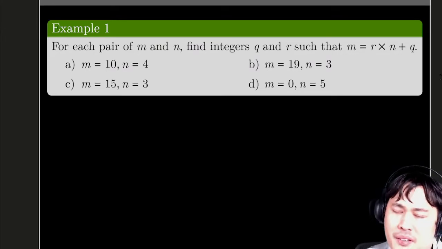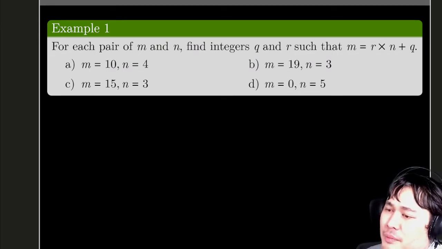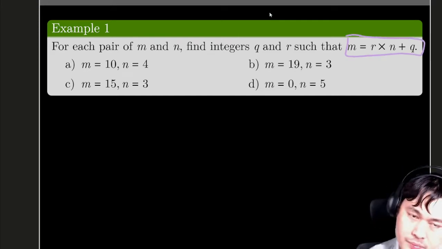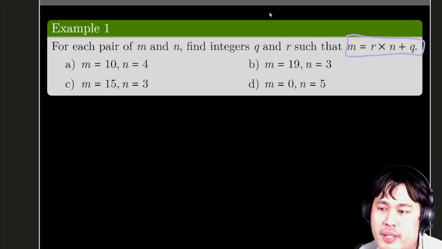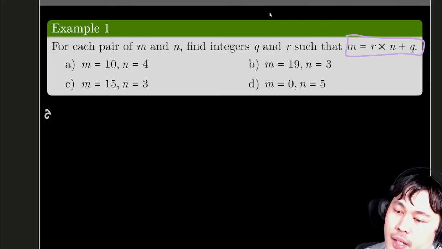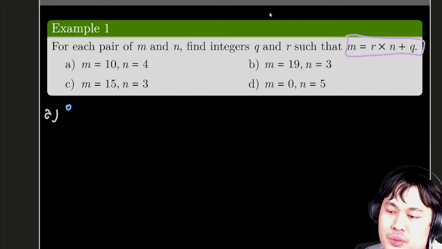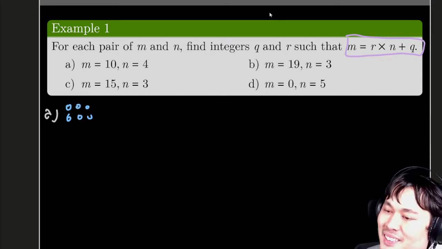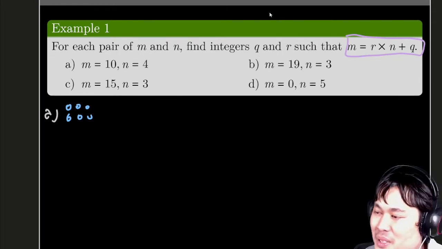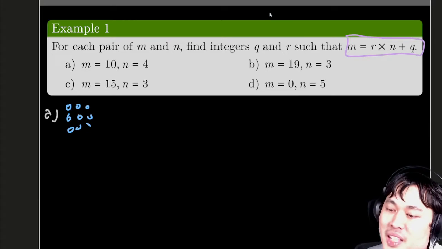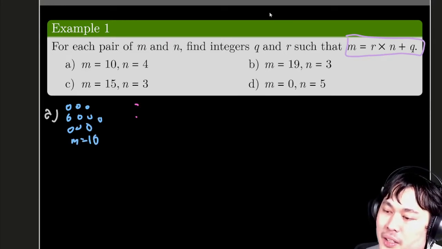Oh yeah, some examples. There are pairs of numbers, and you want to express them in terms of quotient and remainder. Let's start from A. It's 10 and 4. Maybe it's useful to just do it by hand, write them out at first, because the numbers are small. So we start with 10 objects and want to divide them into 4 groups.